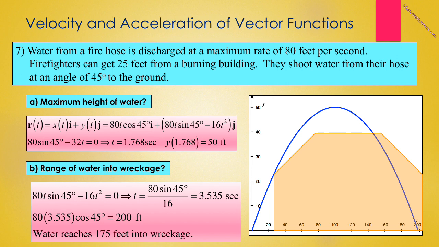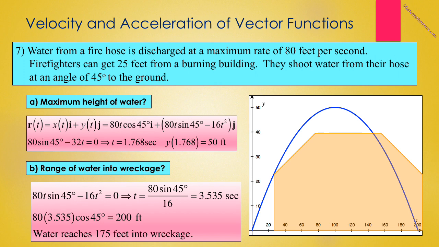And therefore t is equal to 80 sine 45 degrees over 16, which is 3.535 seconds. That is double the amount of time it took for the water to reach its maximum height because of the symmetry.